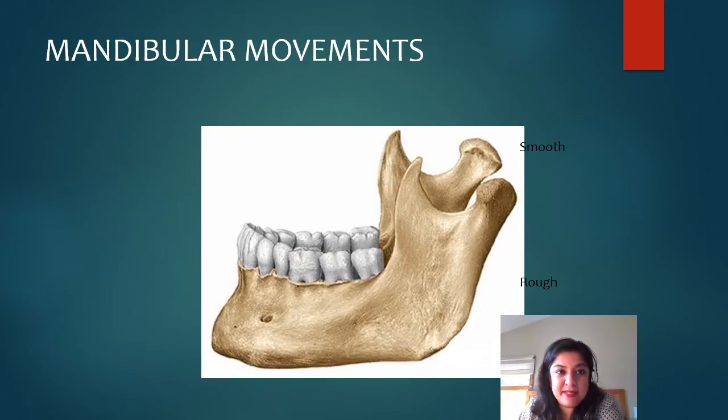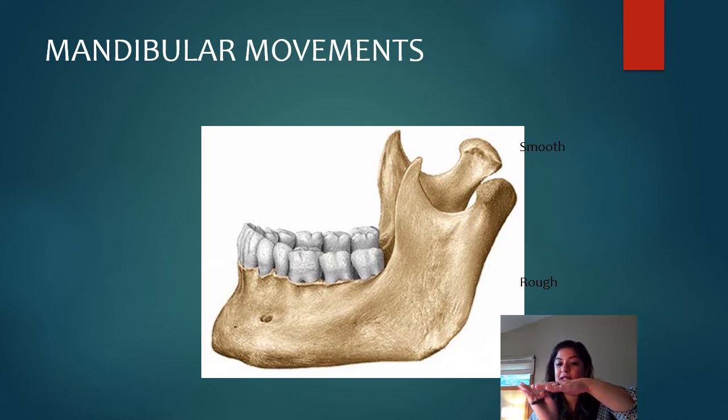All right. So, the mandibular movements. What you need to know is that the mandible is the only joint in the body that is attached to the maxilla, and it opens this way. It can rotate around its axis, and it can move this way and stop right here. The mandible cannot go backwards, but it can move forwards and it can move sideways.